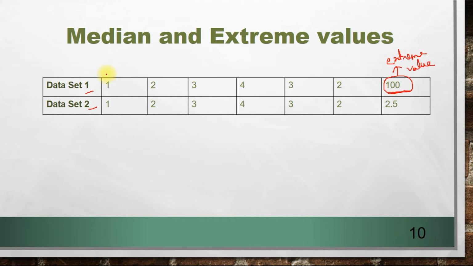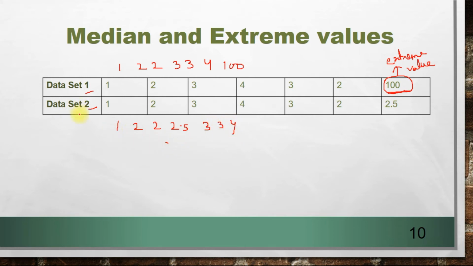So data set 1 will be 1, 2, 2, 3, 3, 4 and 100. In the case of data set 2, it will be 1, 2, 2, 2.5, 3, 3 and 4.